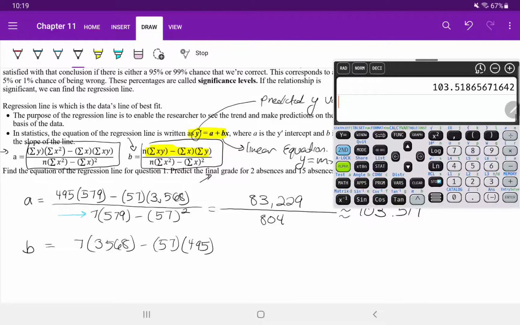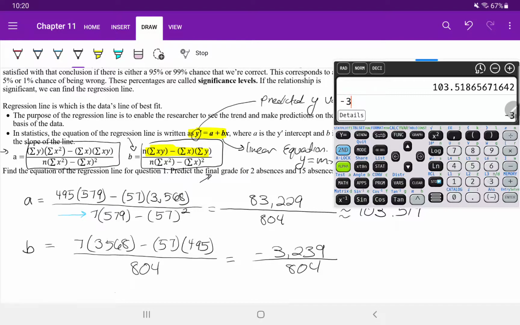Furthermore, look at your denominator. The denominators between the predicted y-intercept and the slope are the same. And my denominator was 804 for my predicted y-intercept. So I know for my slope, my denominator will be 804. When I do the math for the numerator, that's going to equal negative 3,239 divided by 804.